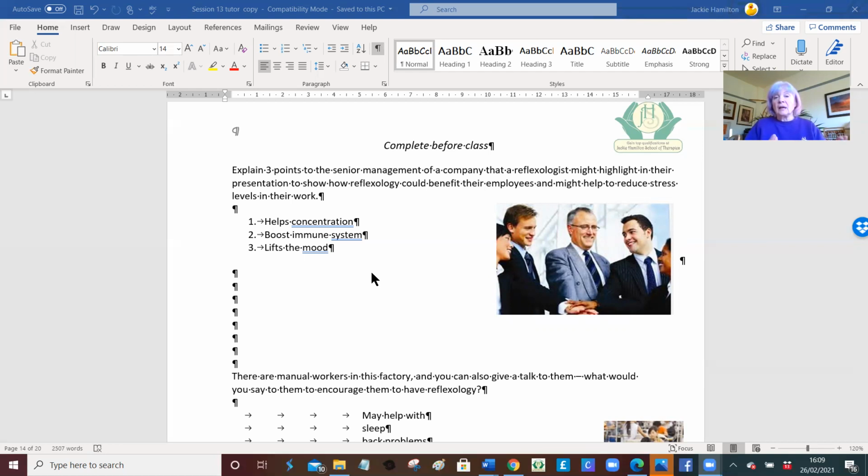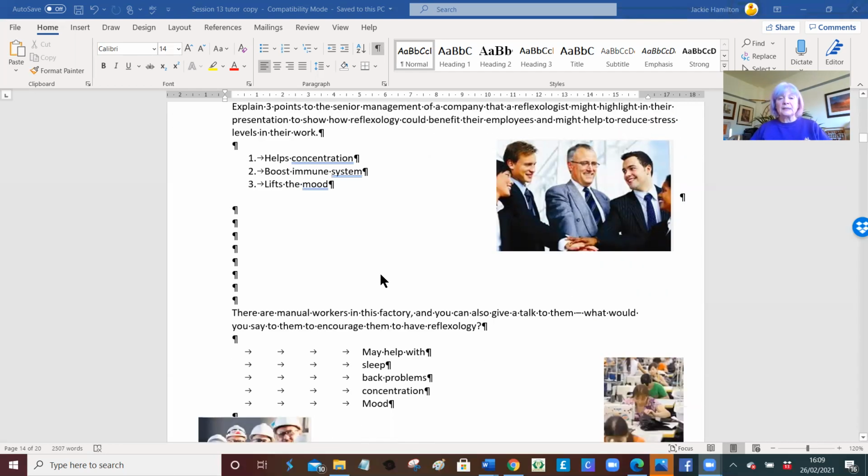So you think it's going to help with concentration, it would help to boost the immune system, and of course that would help to stop the sick leave, and also lift the mood. All those things actually would help stop people not coming to work, because absenteeism is a big thing with companies.